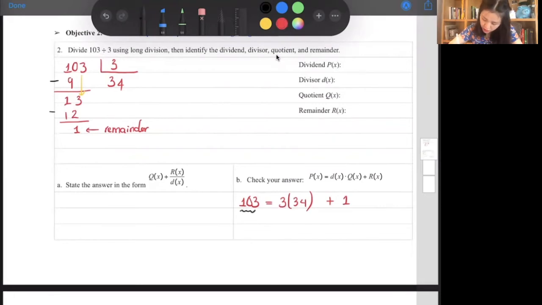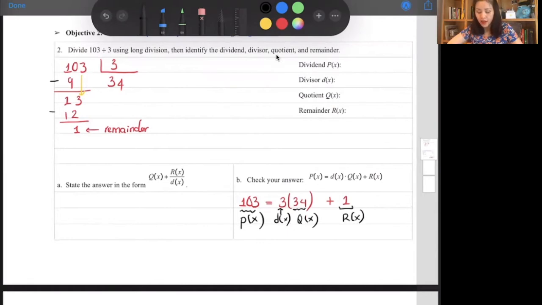This one right here is the dividend, denoted as P of x. 3 is your divisor, denoted as little d of x. And 34 is the quotient, denoted as q of x. And 1, that's the remainder, denoted as r of x.